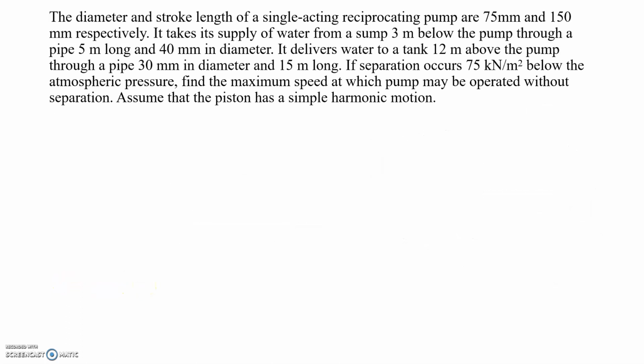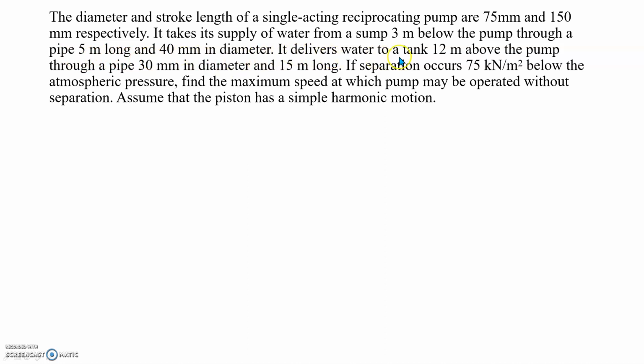Now let's do a sample problem. The diameter and the stroke length of a single acting reciprocating pump are 75 mm and 150 mm respectively. It takes its supply of water from a sump 3 meter below the pump through a pipe 5 meter long and 40 mm in diameter.